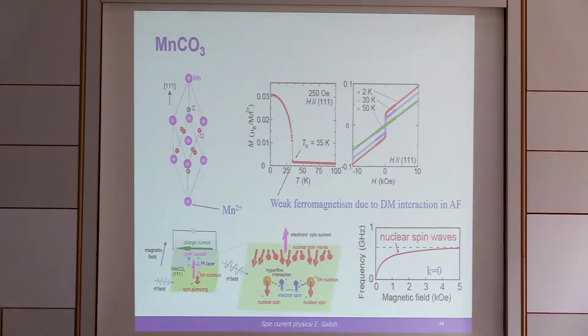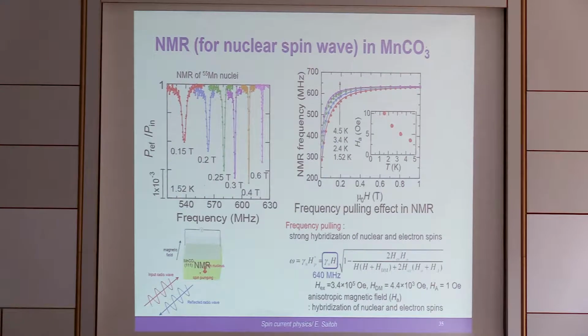Okay, first we measured nuclear magnetic resonance for this material. And this is the NMR spectrum as a function of the frequency. You can see peaks here and here. And by changing the magnetic field, the frequency of the nuclear magnetic resonance is shifted like this, but it is far from linear dependence. And this nonlinearity is called the frequency pulling effect.